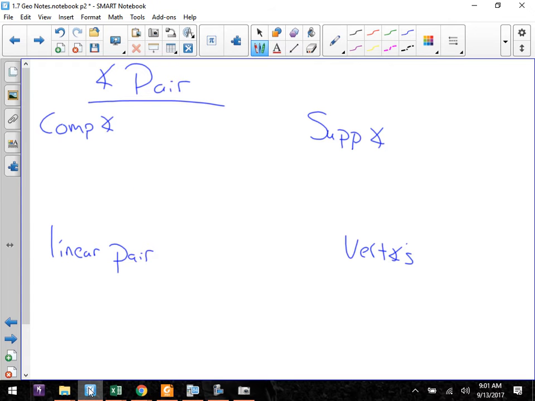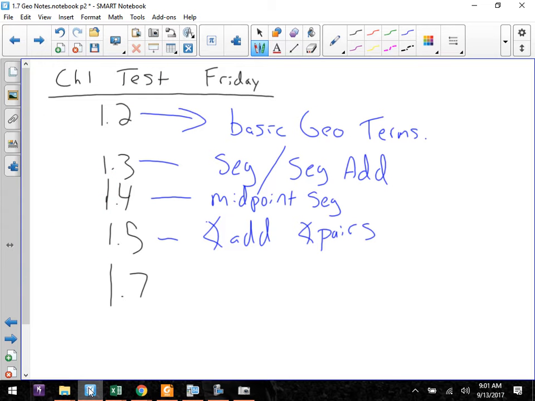Okay. And then the last bit, and I'll go through the linear pair stuff here in a second. The last bit were the actual midpoint and distance formula. Those are the actual formulas themselves. Now, with angle addition, we also did angle bisecting.